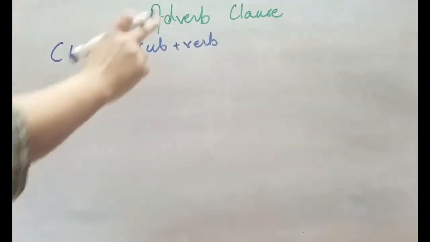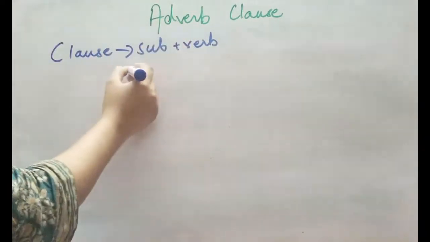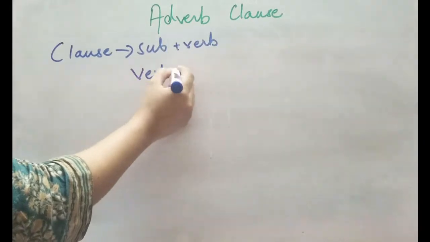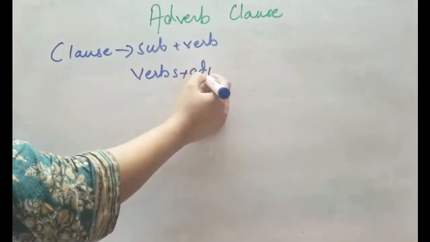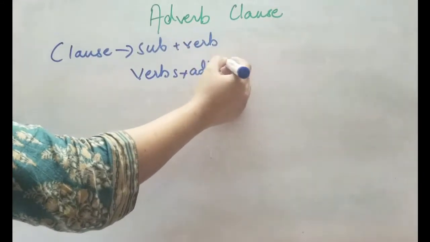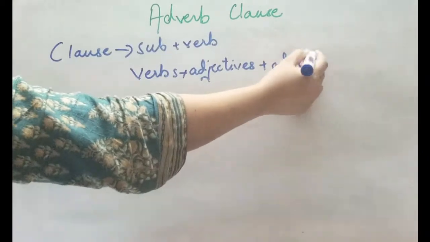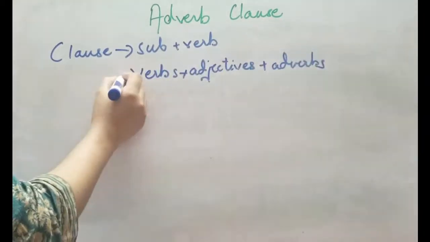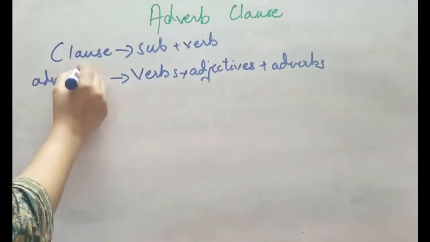If something is an adverb clause, then it must modify verbs in a sentence, adjectives, and maybe other adverbs. Okay, we'll look at some examples, but that's just to tell you that it is an adverb clause.